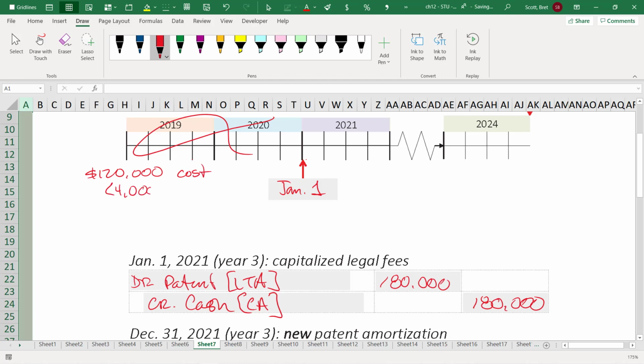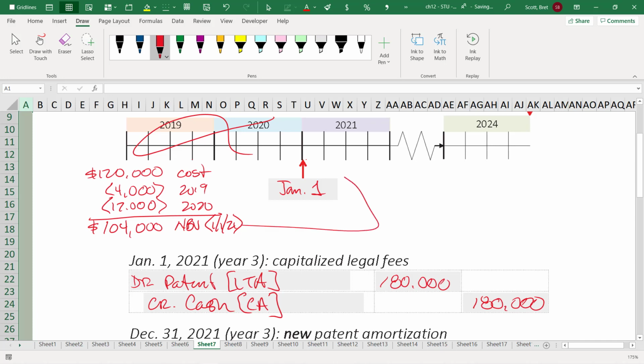We amortize $4,000 in 2019, and we amortize another $12,000 in 2020. So the net book value at the beginning of 2021 is $104,000. That's net book value at 1/1/21.